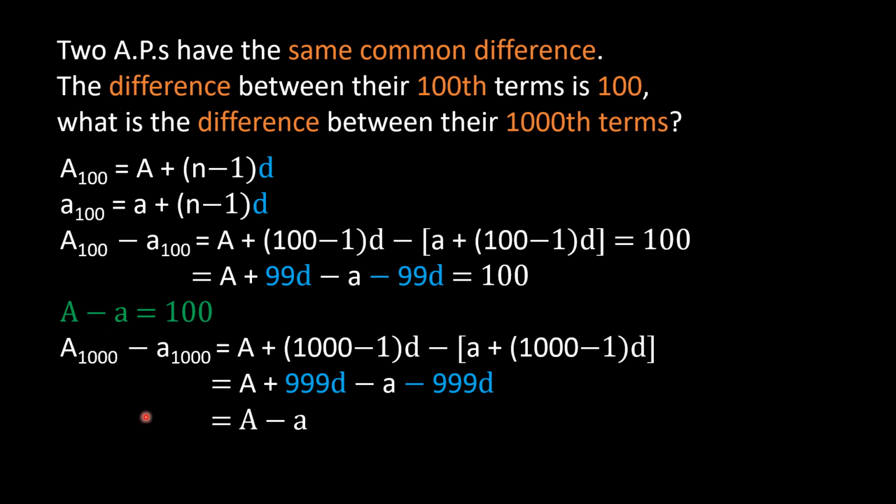So we can write the difference between the 1000th terms of the two A.P.s to be equal to 100.